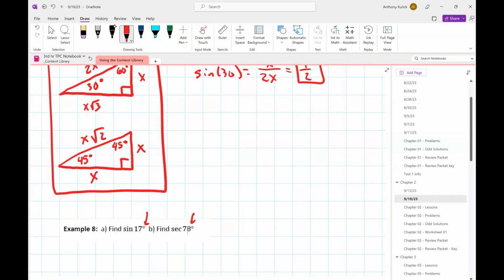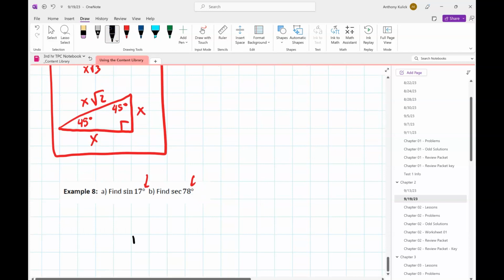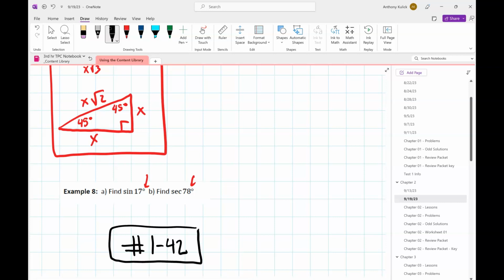Ooh. And that'll be the next 2 sections. We'll spend doing that until we settle on our final definition of sine, cosine, tangent, cosecant, secant, cotangent.